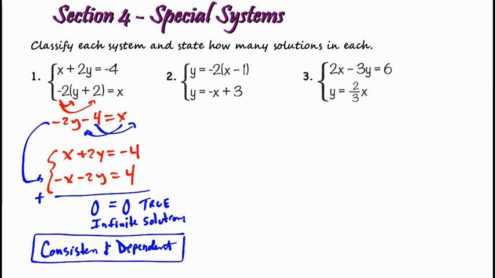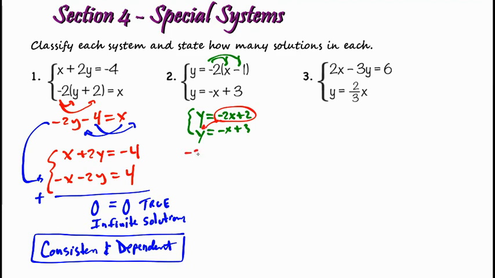Okay, so let's look at example 2. We'll start by distributing that negative 2 through the first equation. So our system becomes y equals negative 2x plus 2, and the second equation remains y equals negative x plus 3. I can take the y from the top equation, which is negative 2x plus 2, and replace the y in the second equation.